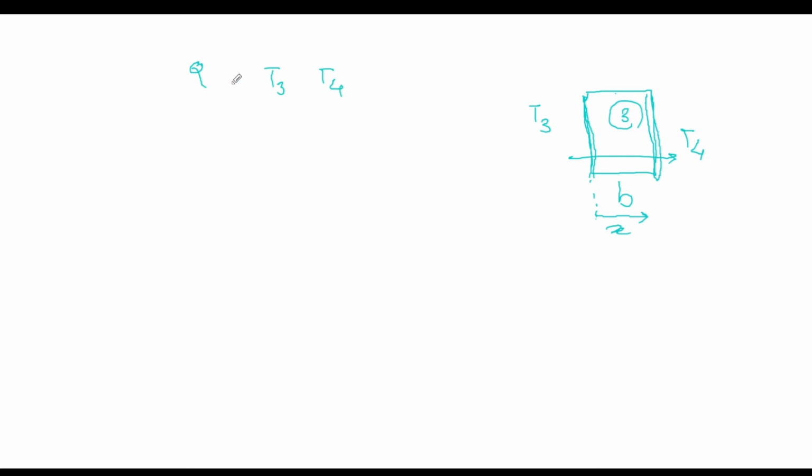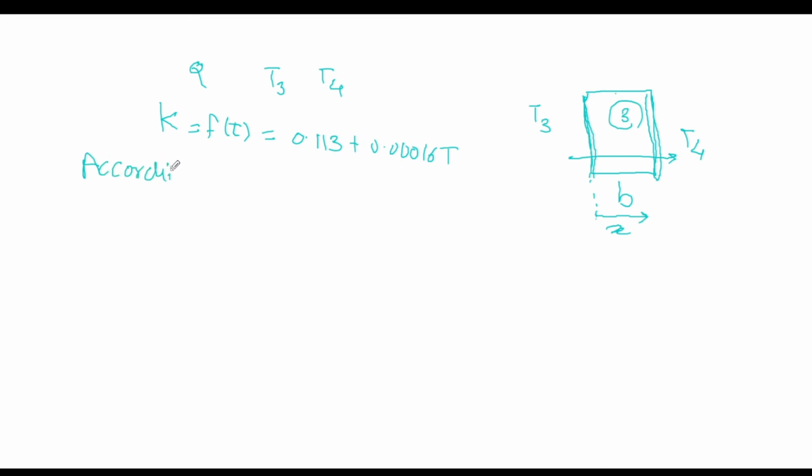And they tell us that K is a function of temperature. K as a function of temperature will be equal to 0.113 plus 0.00016 T. So what we will do according to Fourier's law?